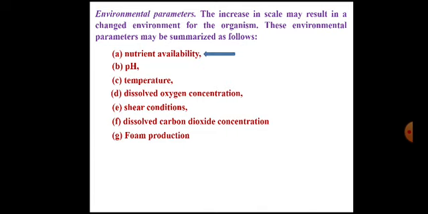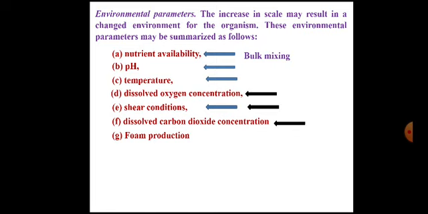Out of these, nutrient availability, pH, temperature, and shear conditions are related to the bulk mixing process, and the dissolved oxygen concentration, shear conditions, dissolved CO2 concentration, and foam production, all these environmental parameters are related to provision of oxygen.